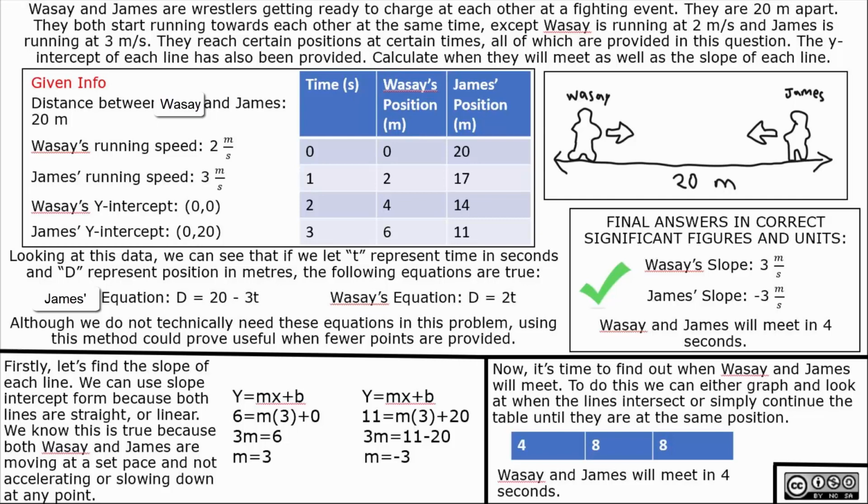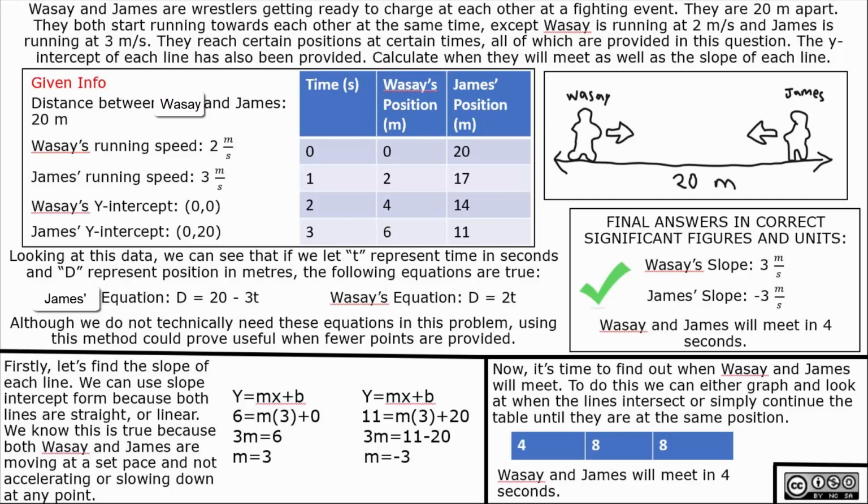Although we do not technically need these equations in this problem, using this method could prove useful when few data points are provided. So firstly, let's find the slope of each line. We can use slope-intercept form because both lines are straight or linear. We know this because both Wasay and James are moving at a set pace and not accelerating or slowing down at any point. So right here we have the equation y equals mx plus b.